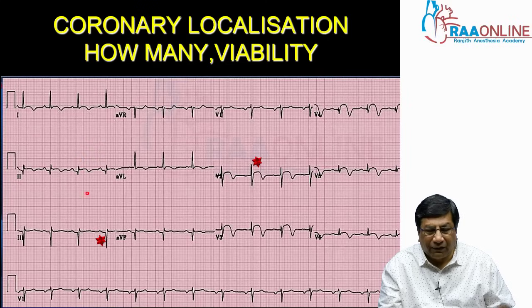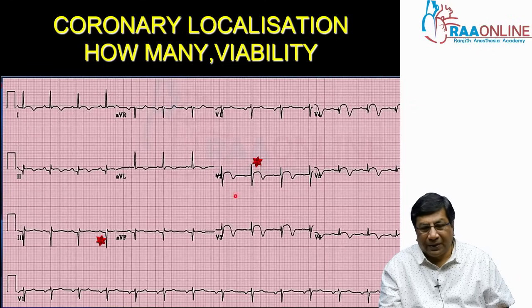Why? Opening the RCA, you are only going to improve the blood supply to a predominantly dead myocardium. Whereas opening the LAD, you are going to open up an artery to a predominantly healthy myocardium. So the presence or absence of the Q wave will decide which lesion to revascularize.